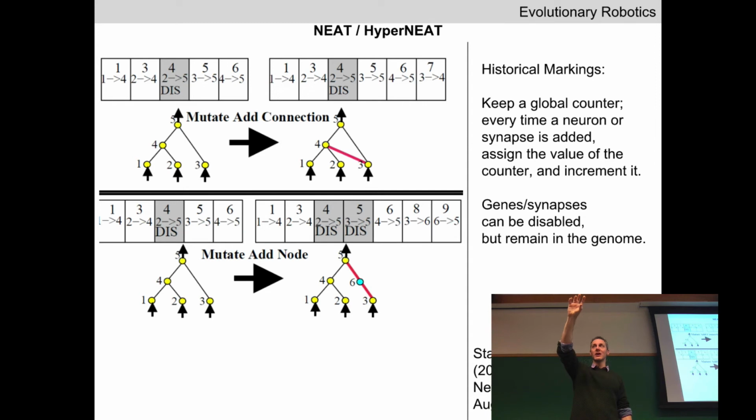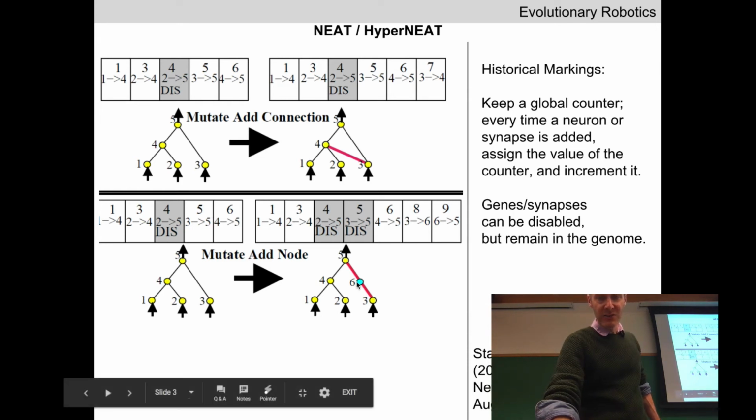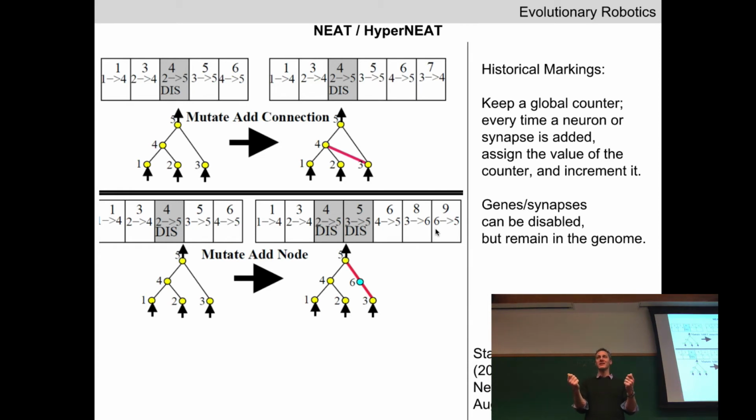It adds a neuron to the neuron list, assigns the global counter value to it, and increments the global counter. Because it's added this neuron, it also tends to add 2 additional synapses so that it wires that new neuron into the network. If you just add a neuron and there are no synapses arriving at it or leaving from it, it doesn't do anything, right?